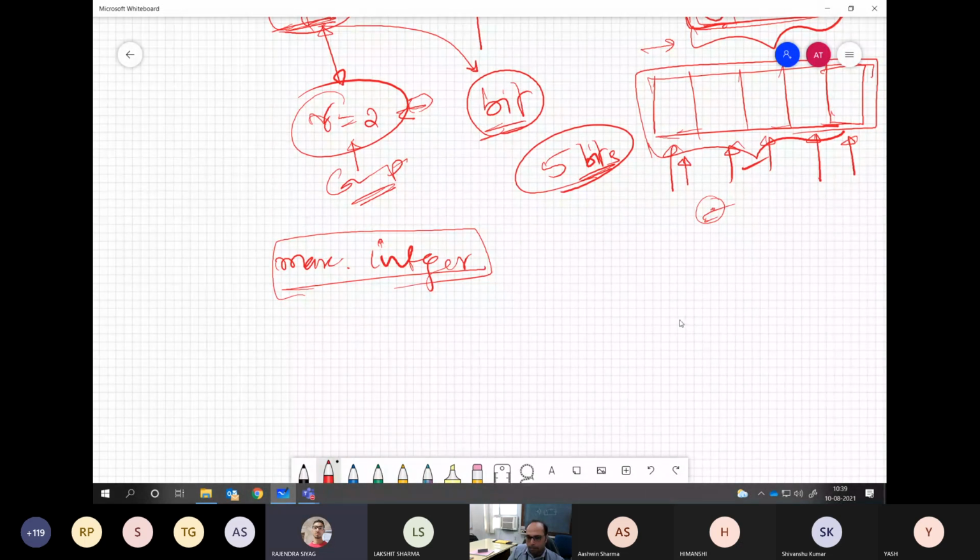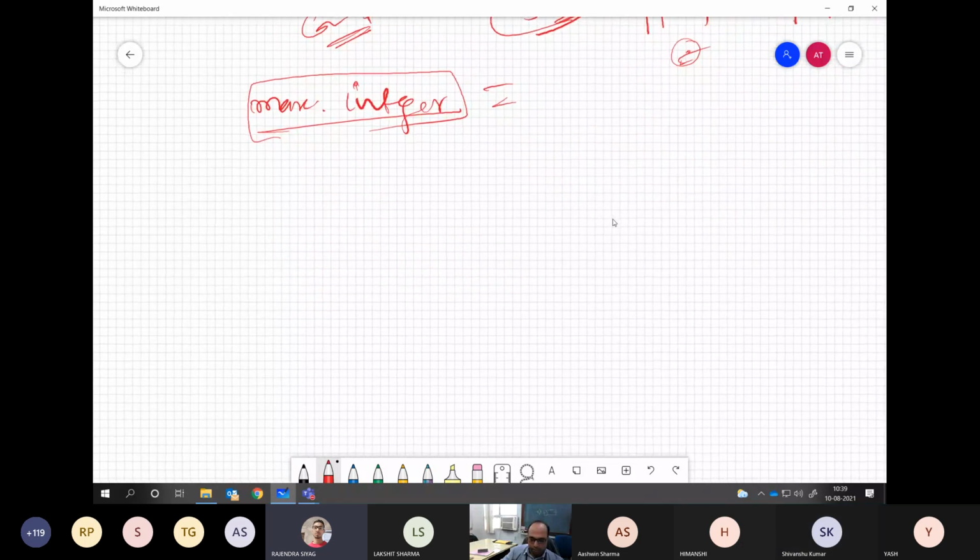If there are 5 bits available, what is the maximum integer you can accommodate? 31. Yes, 2 raised to the power 5 minus 1. And how many numbers can you have? The maximum integer and the maximum number of integers are two different things.